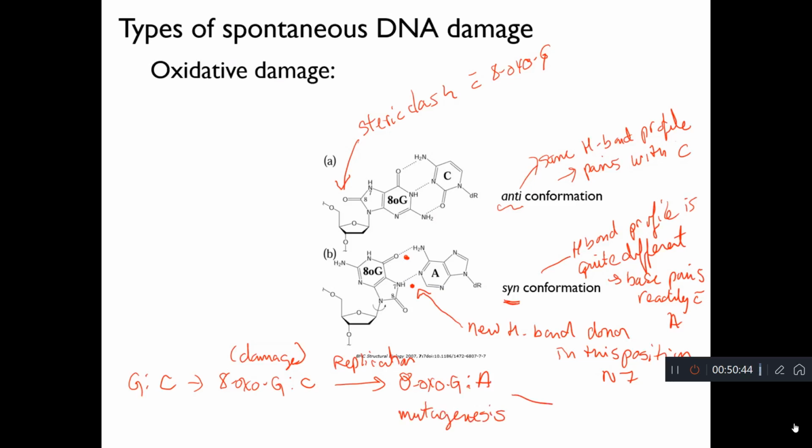And then if we undergo a second round of replication, we get our TA mutation, and this TA base pair is now appearing as a normal base pair, but of incorrect sequence, and this is entirely heritable.